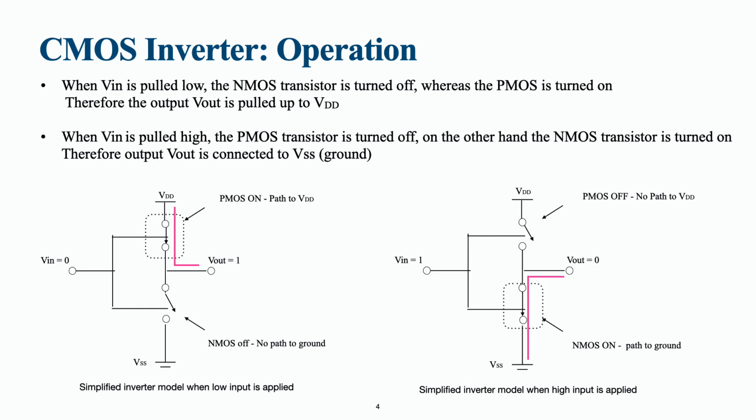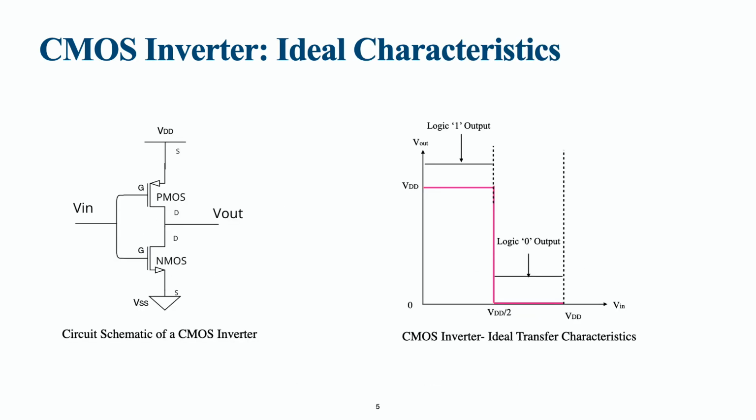Now with the same thought, look into the transfer characteristic. This transfer characteristic drawn is an ideal transfer characteristic. It is correct only from a theoretical point of view. So what did we say? When your input is 0, your output should be 1. The x-axis is Vin, the y-axis is Vout. When Vin is equal to 0, at that time Vout is equal to VDD, which means logic 1.